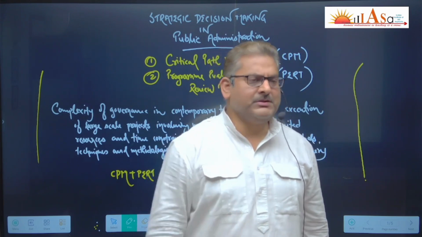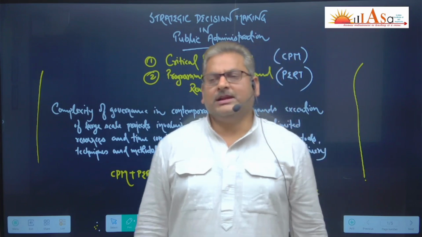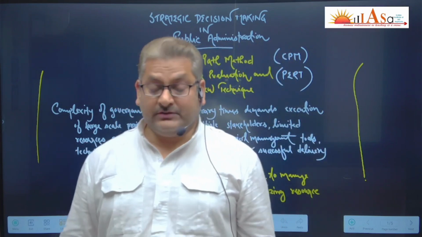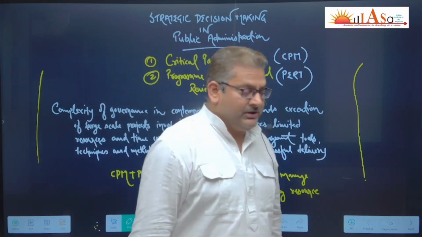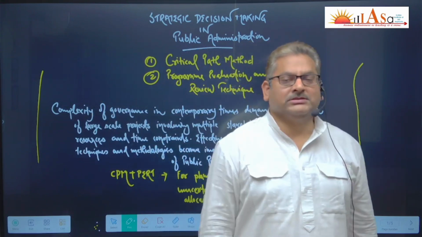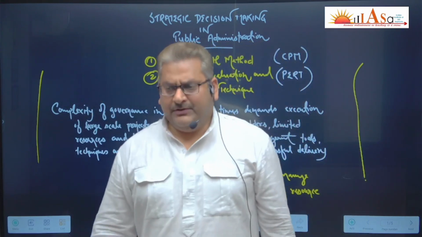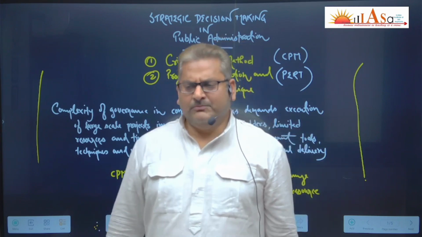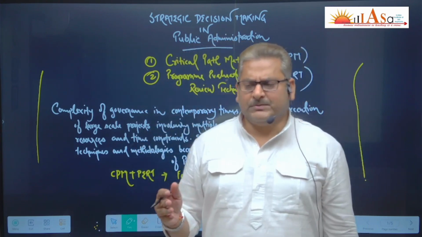So this is very much important. It is against this backdrop that we need to understand the significance of PERT, Program Evaluation Review Technique, and Critical Path Method. Point clear?